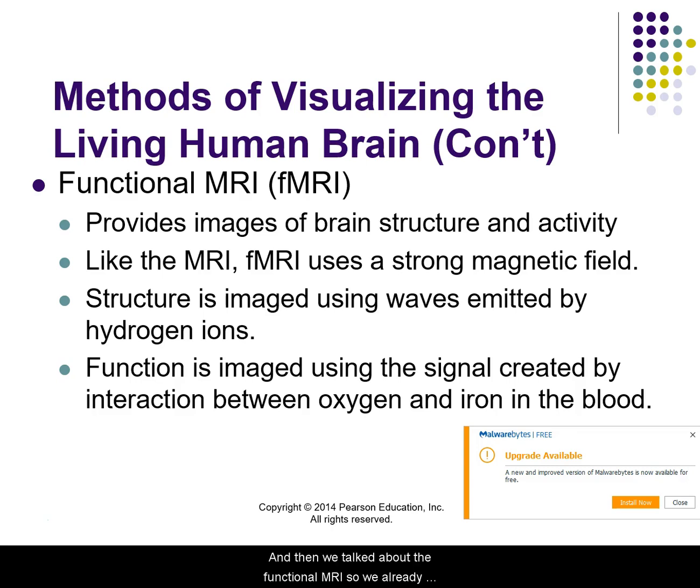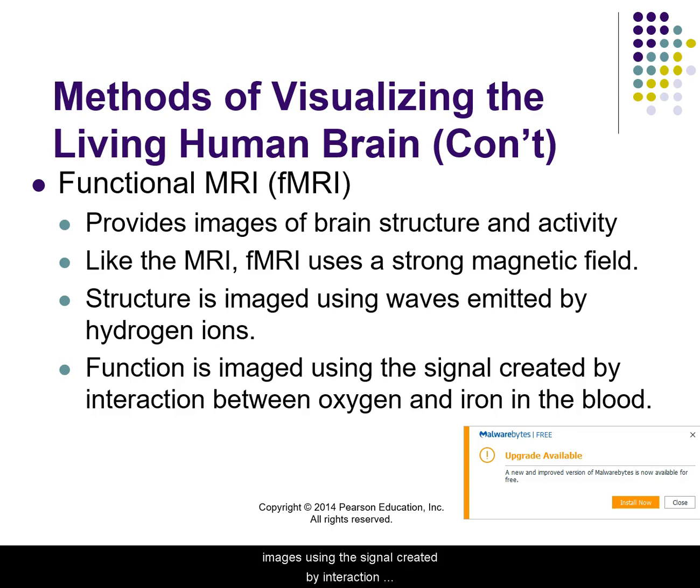Okay. And then we talk about the functional MRI. So we already talked about an MRI, but now a functional MRI provides images of brain structure and activity. So it's going to help us with function as well. It uses a strong magnetic field. The structure is imaged using waves emitted by hydrogen ions, same as what we learned.